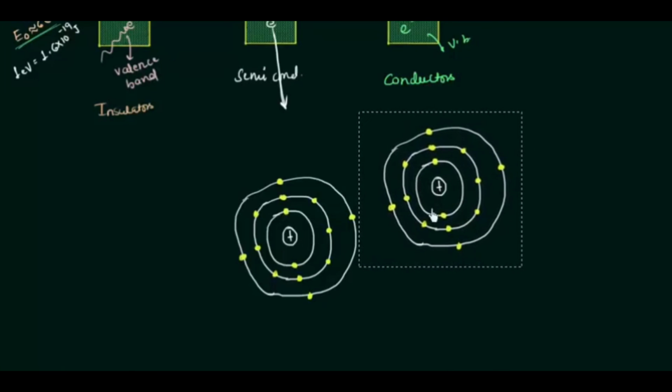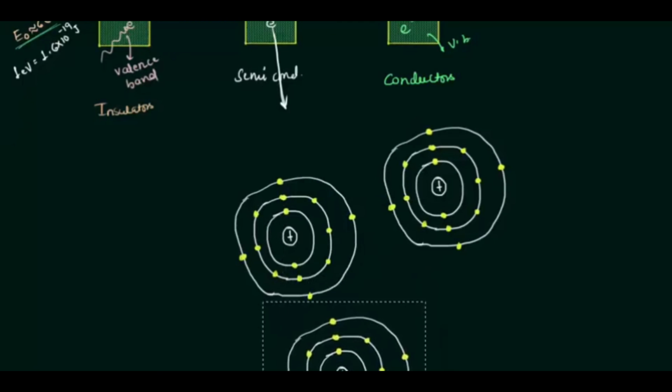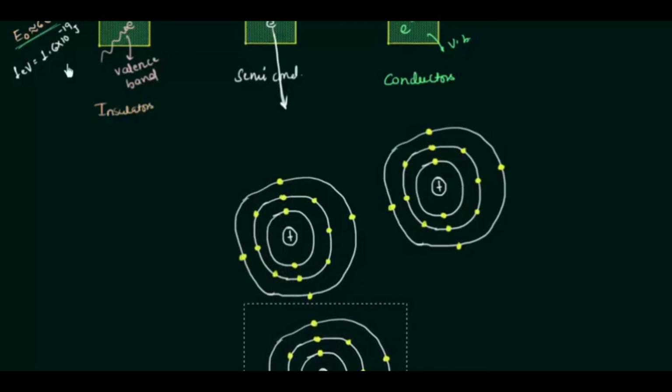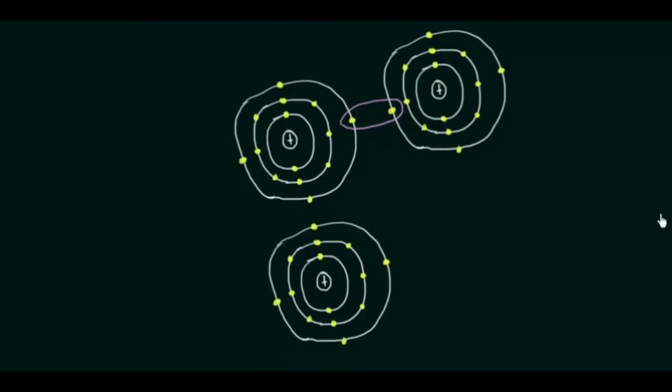Okay, I will copy and paste again. Now you can see we can have the covalent bond between these 2 electrons and these 2 electrons, and we have to focus on this particular atom.